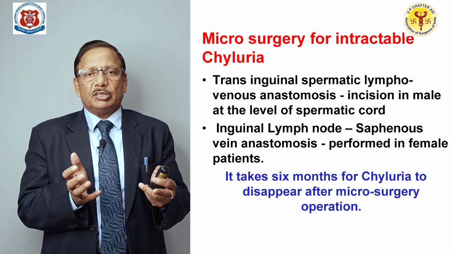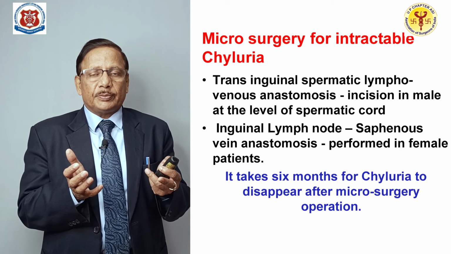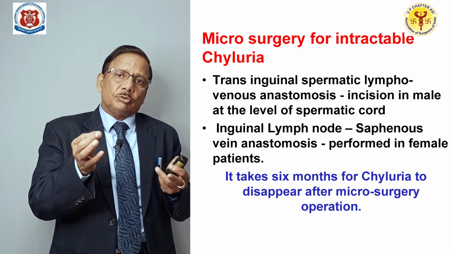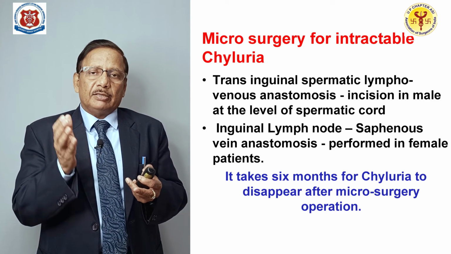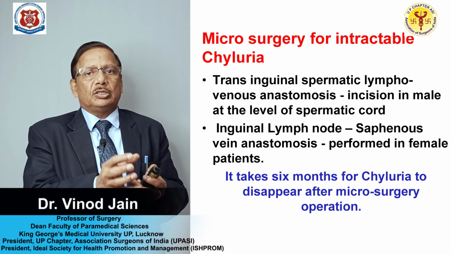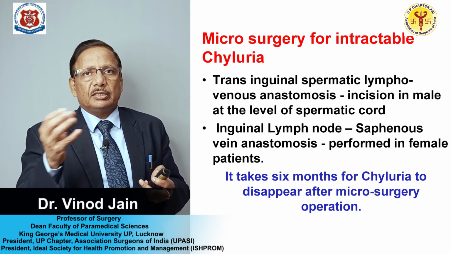In females, what is the option left? We do not have a spermatic cord, so there we can do the nodovenous anastomosis. That means we cut the inguinal lymph node and anastomose the lymph node with a spermatic vein.